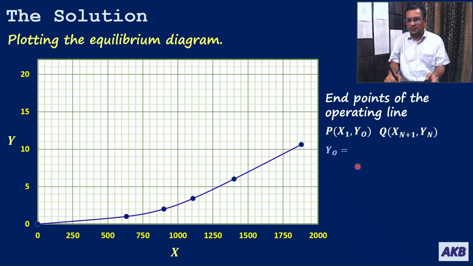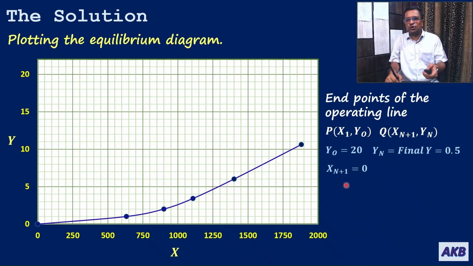So Y0 is given to us, it is 20. Yn, final Y, is also known to us. Yn in this case will be the final Y, which is 0.5. That is 2.5% of 20, 0.5. Then Xn plus 1 is given to us, it is 0. This is the concentration of solute on the fresh adsorbent.